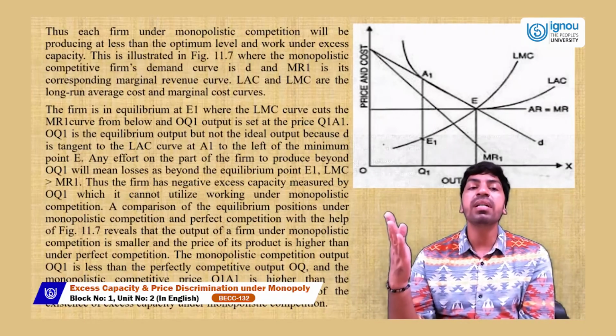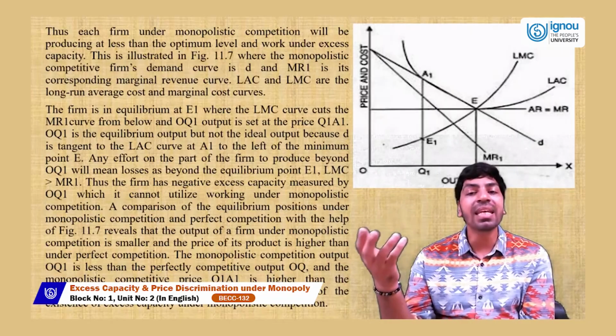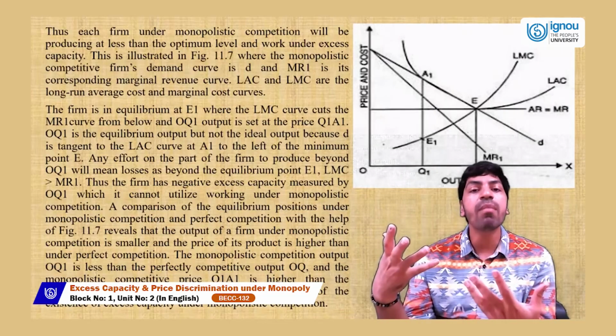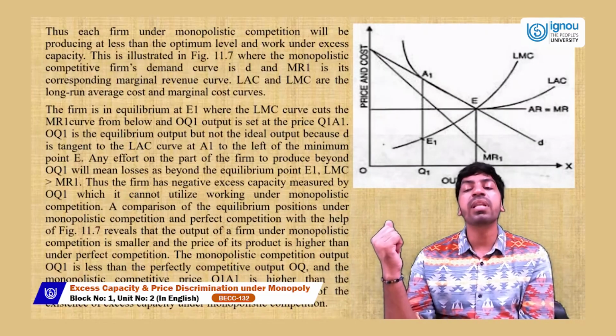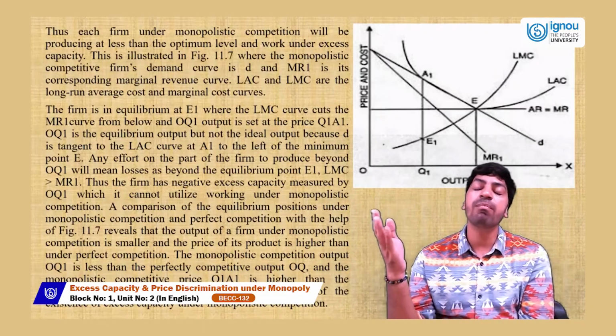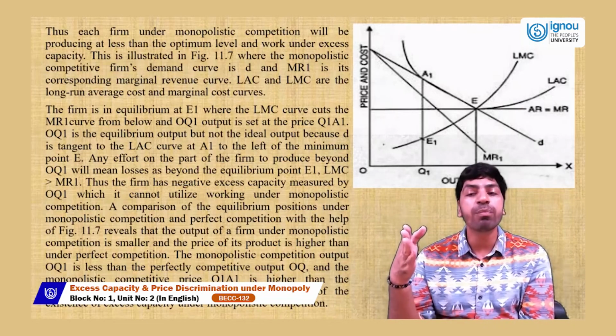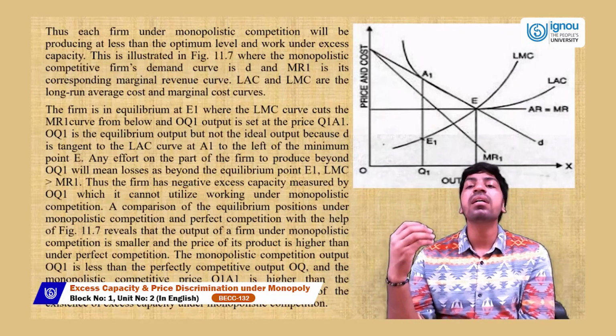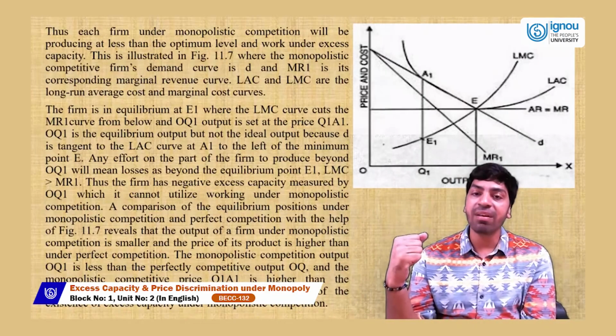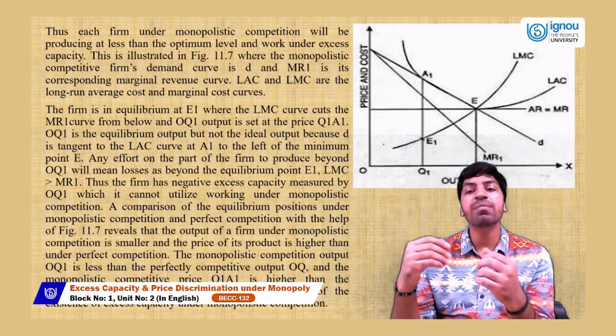So the firm is in equilibrium at E1, where the long run marginal cost curve cuts the marginal revenue, that is MR1, which is below the ideal output, and the price has been set at Q1 and E1.